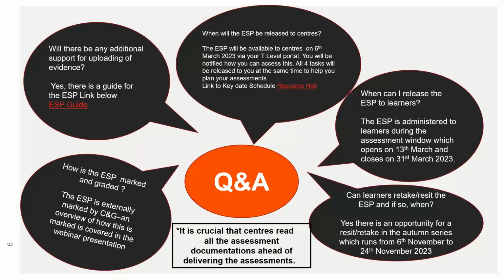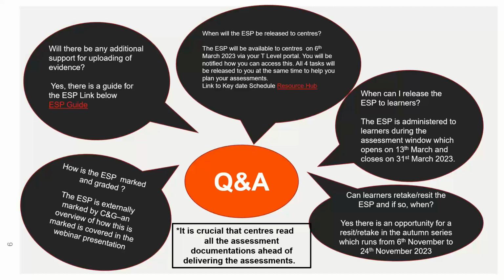You can see again, there's a link there to all the key data schedules. The Employer Set project is administered task by task to learners during the assessment window. That opens on the 13th of March and closes, which means all evidence must be submitted to us at the very latest on the 31st of March.